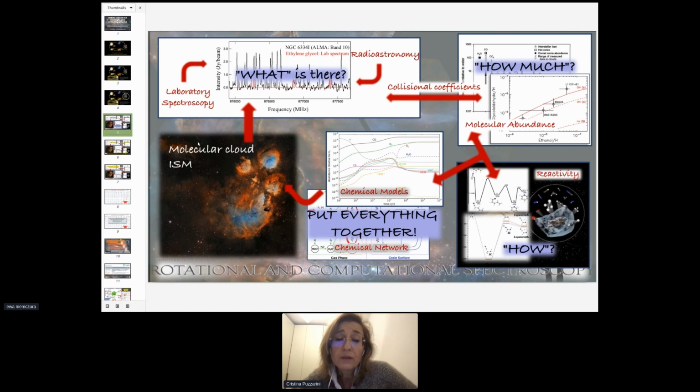So first of all, you need to know the census of the molecules present, their abundance, and then we need to understand how they were formed and how they can further react. And then all the information should be put together in order to derive a chemical network and run an astrochemical model that should be able to explain the molecular content.